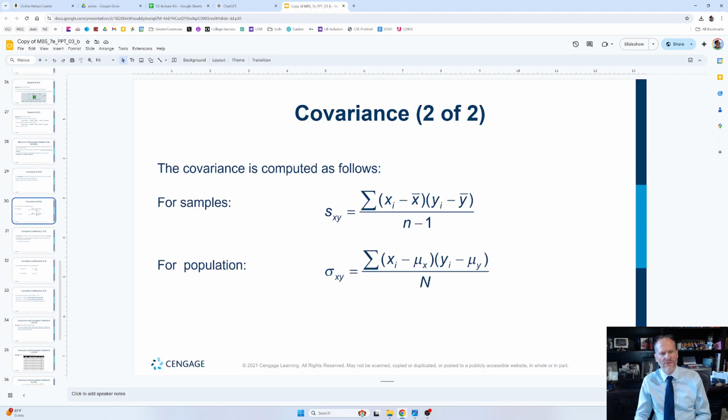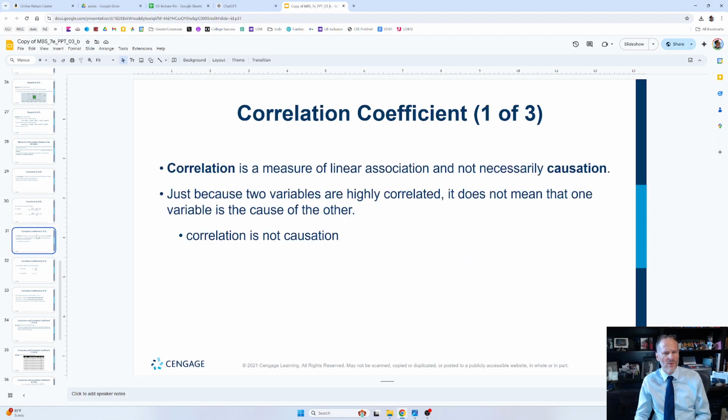Then here's the formula for computing covariance: the difference between a data point and the mean, and the difference between the other data value and its mean. Multiply these together, sum them up, and divide by n minus 1. And here's how you do it for a population, very similar, but no n minus 1.